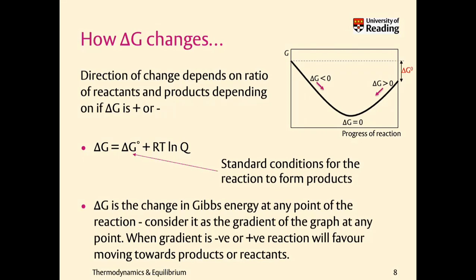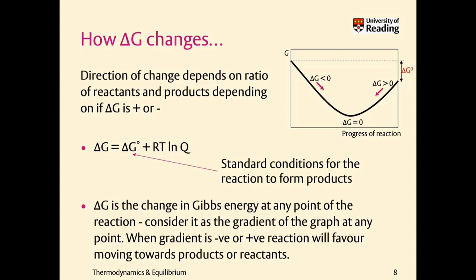So, how does delta G change? As we said before, at reaction equilibrium, there will be a minimum point on our free energy graph where the change in Gibbs energy is 0, and that was our equilibrium point. But our quotient can be measured at any point along that graph where we might want to determine whether the reaction is favoured going towards reactants or towards products.